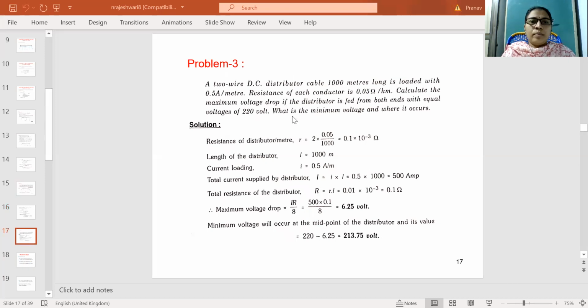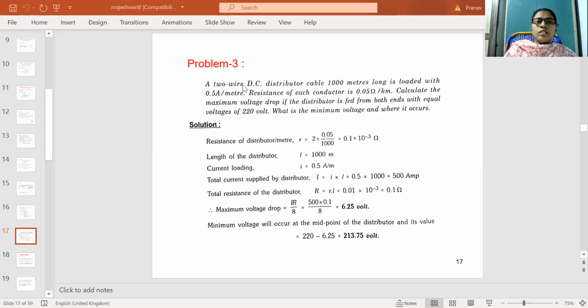Calculate the maximum voltage drop if the distributor is fed from both ends with equal voltages of 220 volts. Then what is the minimum voltage and where does it occur?